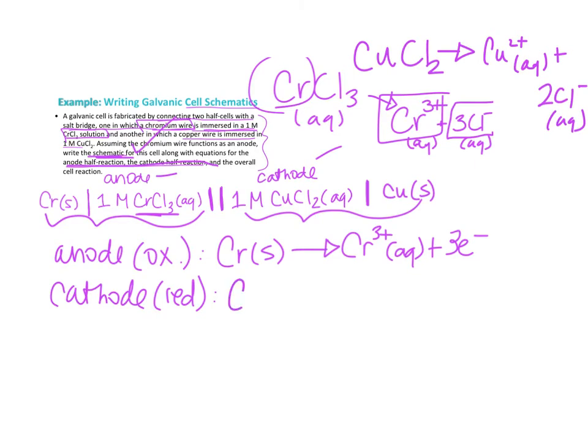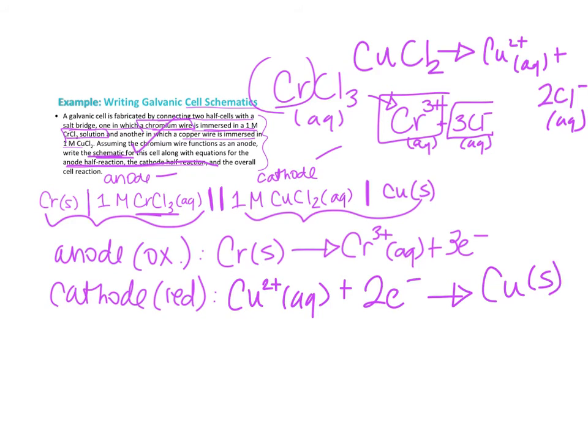So here we're starting off with copper 2+, and here is aqueous. Here this is reduction, right? So it's gaining electrons. So because it's going from ionic, copper ion, to solid copper, you need to make it neutral. So it's going to gain 2 electrons to turn into copper solid.